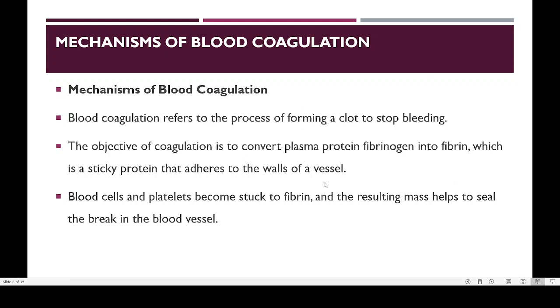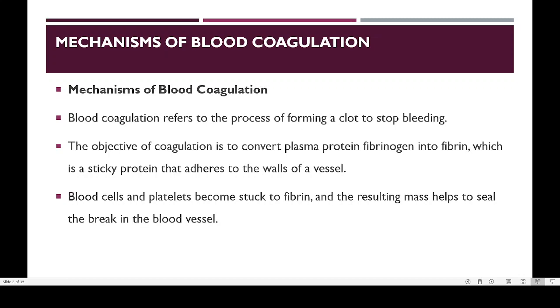So the basic event in any blood clotting is conversion of this plasma protein, namely fibrinogen, into fibrin. Fibrinogen is a soluble protein, that is, it is dissolved in the blood. And fibrin is an insoluble protein. So this is the basic difference between fibrinogen and fibrin.